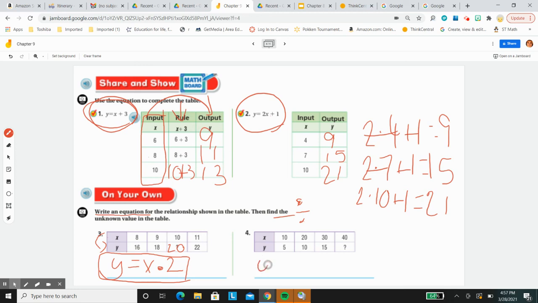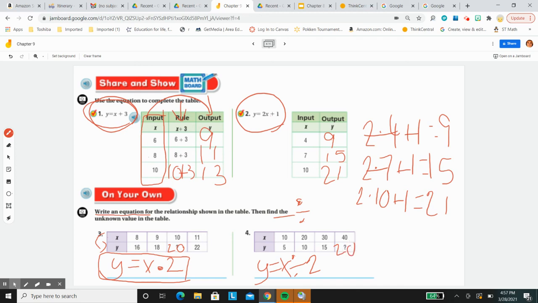So in this case, y is always the answer. Something's happening to x. X is what? Okay? So if this is a 10 and this is a 5, that's exactly half as much. That's 20 and that's exactly half as much. When things are half as much, we're actually dividing by 2. Okay? All right, so half of 40 would be 20, following that rule.